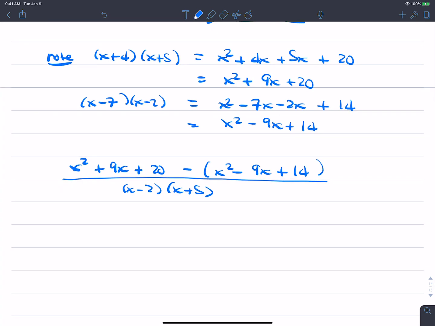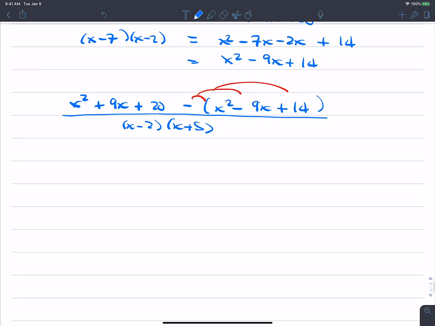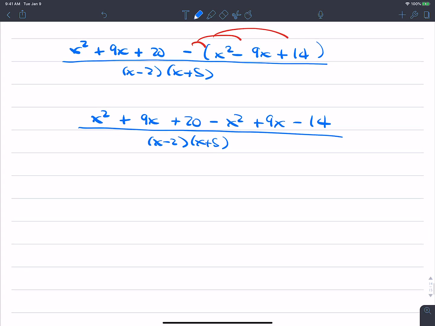So when you distribute here, the second quadratic, we end up with x squared plus 9x plus 20 minus x squared plus 9x minus 14. Everything over x minus 2 times x plus 5.